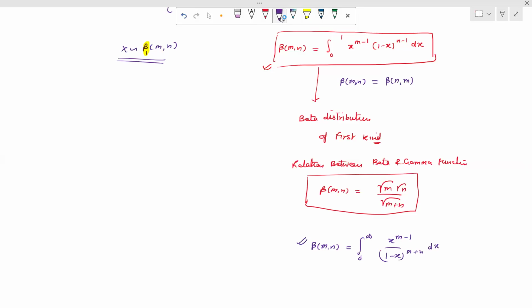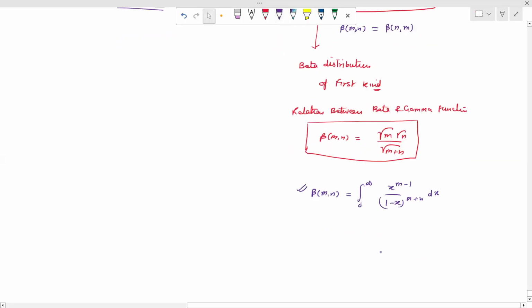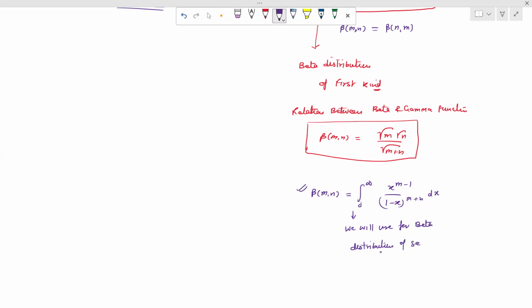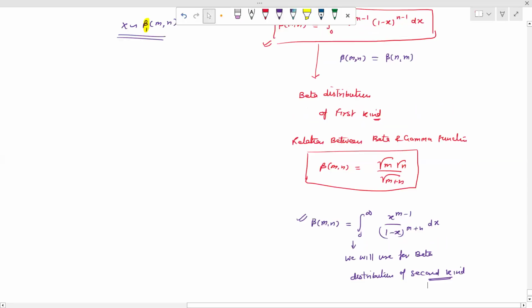This definition we will use for beta distribution of second kind. So you have to be clear that we define beta in two forms: one is first kind and the second is second kind.